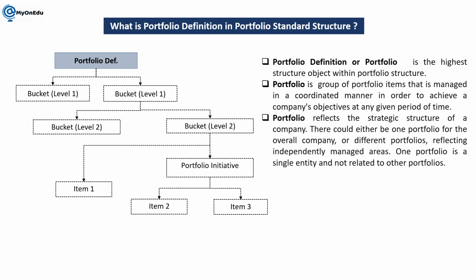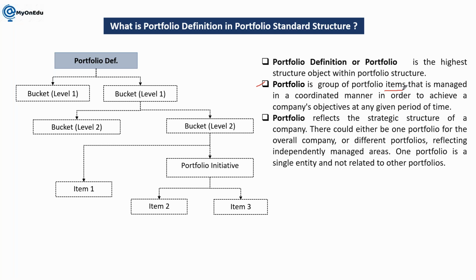So portfolio is a group of portfolio items that is managed in a coordinated manner in order to achieve a company's objective at any given period of time. Item means it's a project.